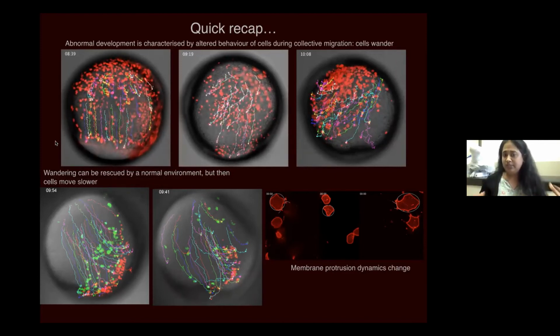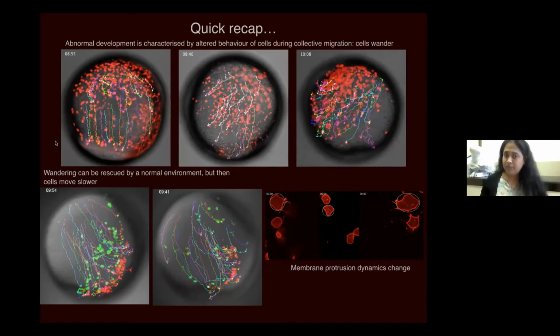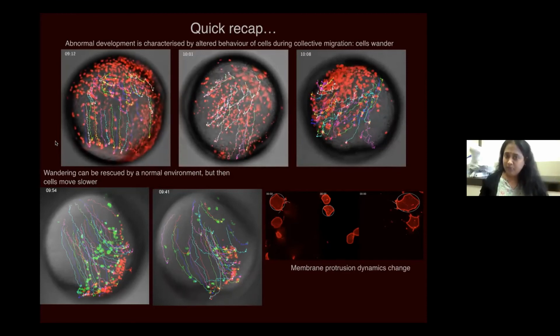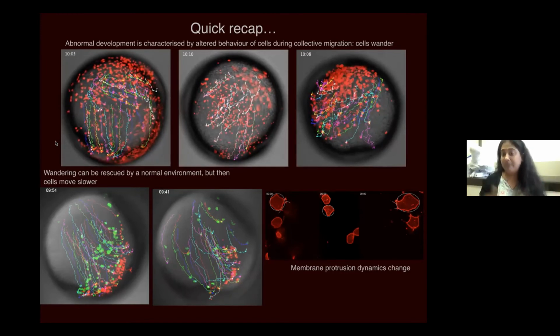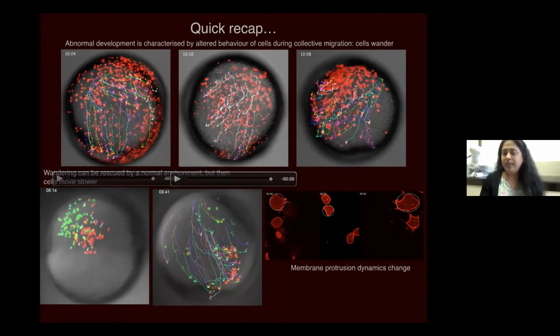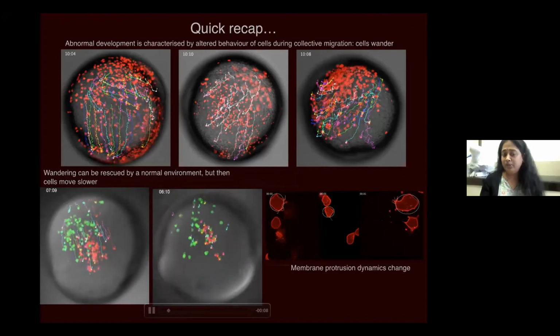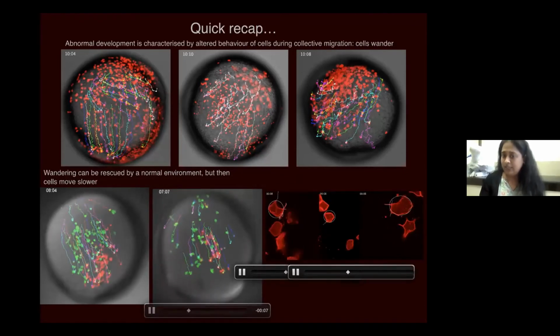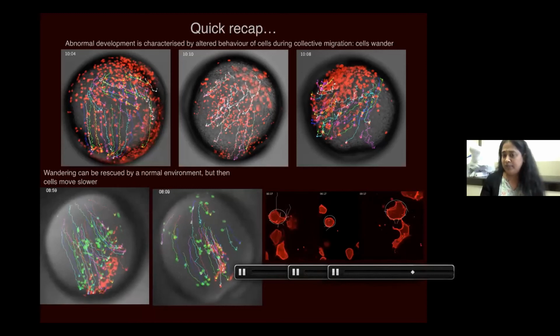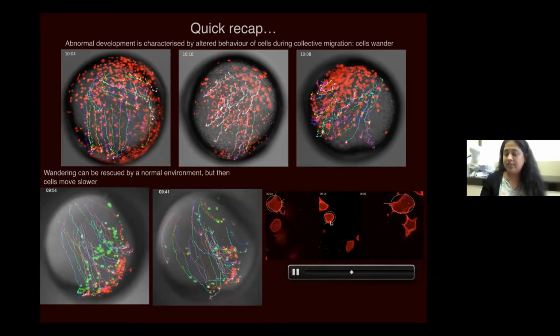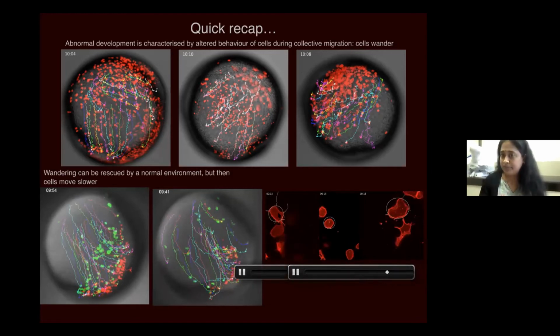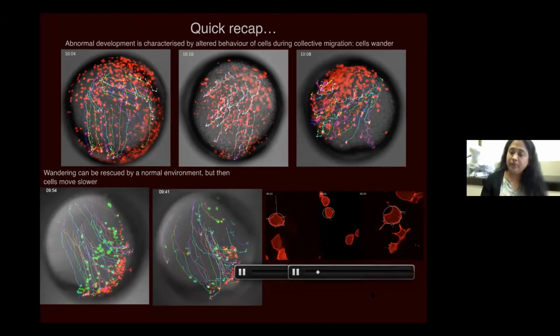So you are changing cell interactions amongst neighbors, and when they are unable to interact optimally amongst themselves, they tend to migrate aberrantly, and that aberrant migration manifests as a developmental error of pattern. And these migratory problems arise also largely because the actin protrusion dynamics of that cell, whether it is a small cell or a large cell, is different from that of a wild type, normal diploid cell. Okay.